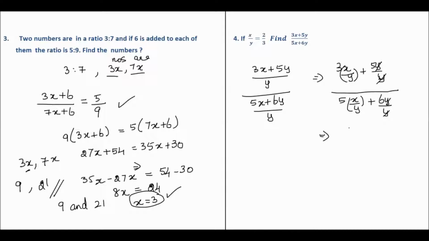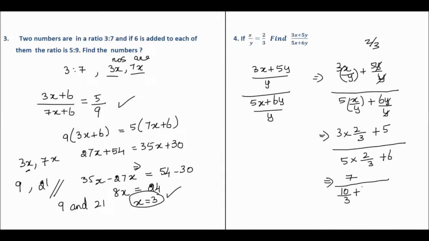Now it is in a simplified form. 3 into x by y, we know the value for x by y, which is 2 by 3. 3 into 2 by 3 plus 5, divided by 5 into 2 by 3 plus 6, becomes 7 by 10 by 3 plus 6.